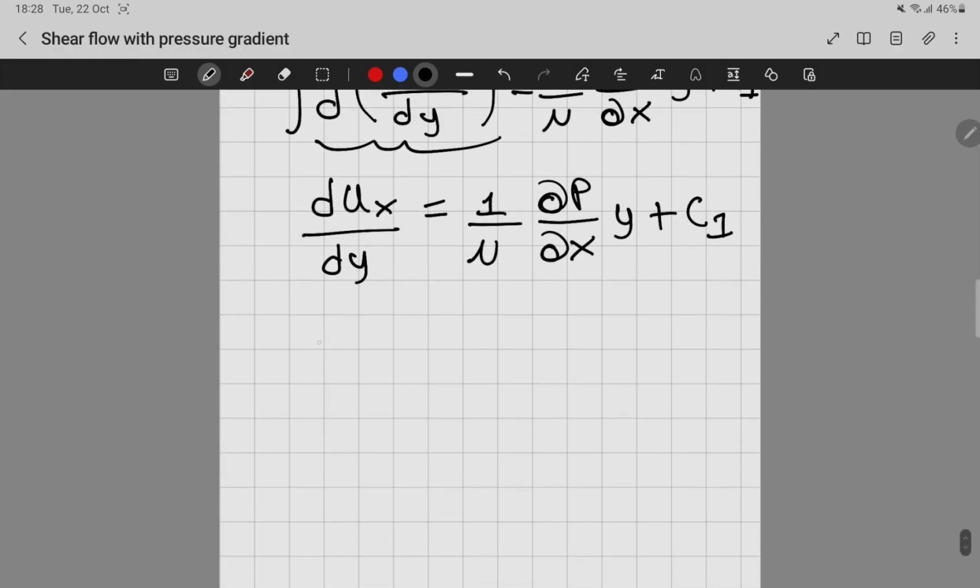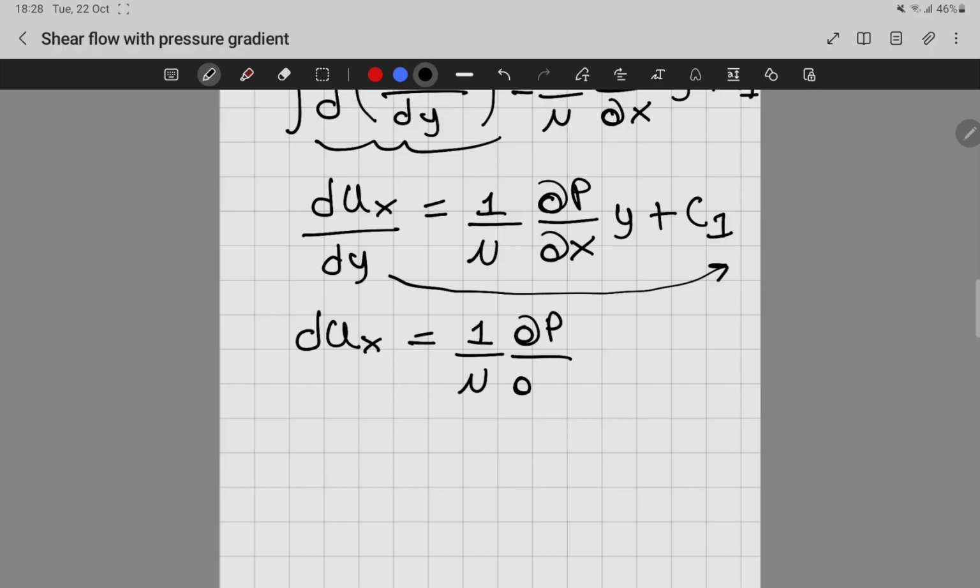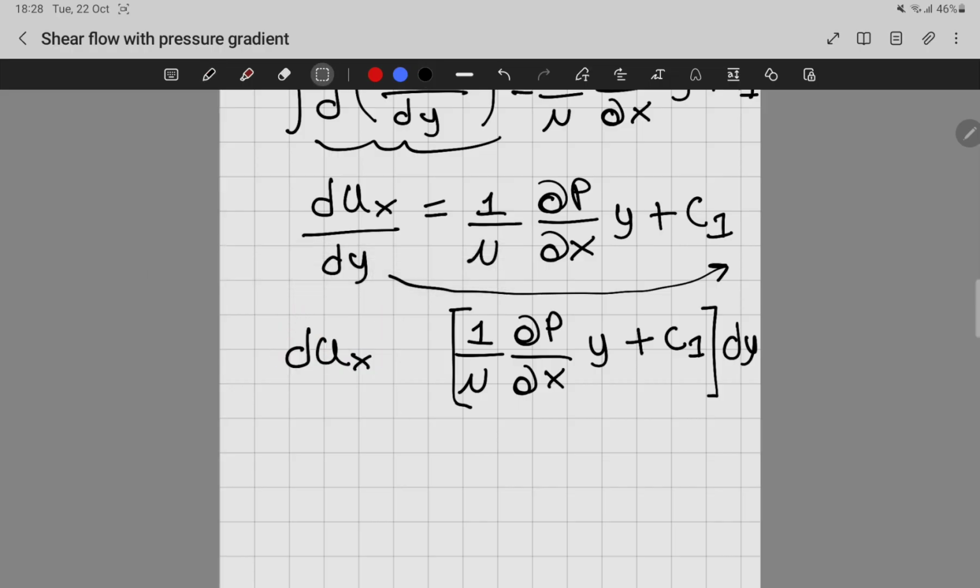And now let's do something similar. So we will pass this differential to this side. So we have 1 over viscosity multiplied by the pressure gradient dy. So we have this whole equation, which we integrate again.